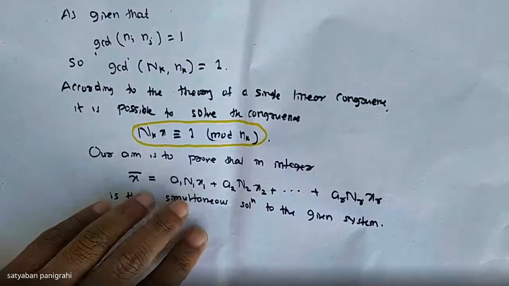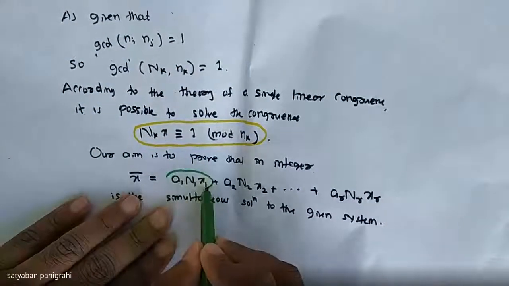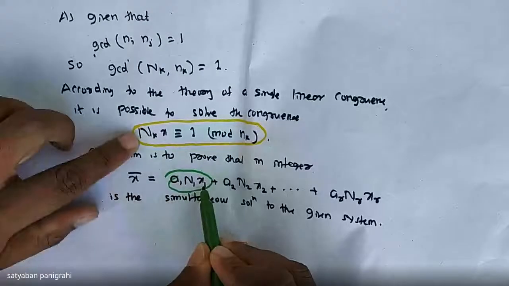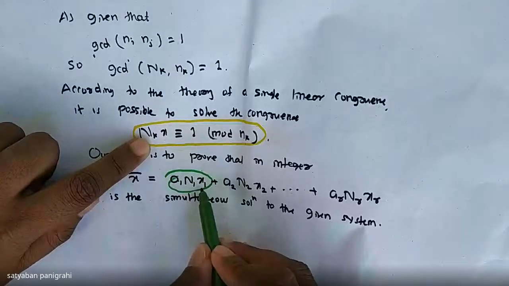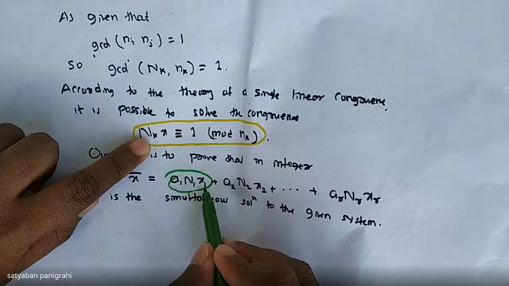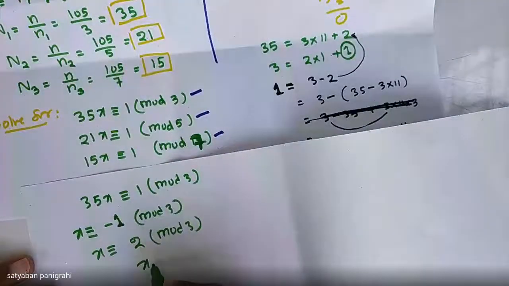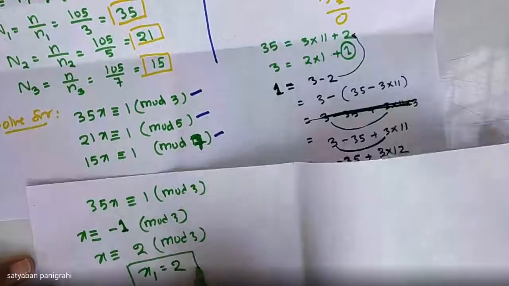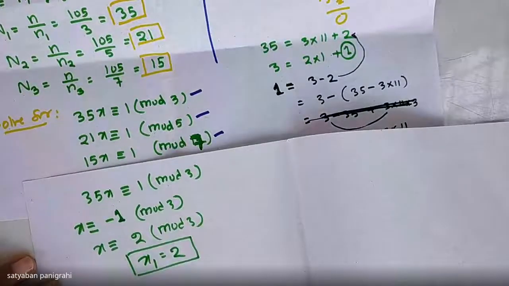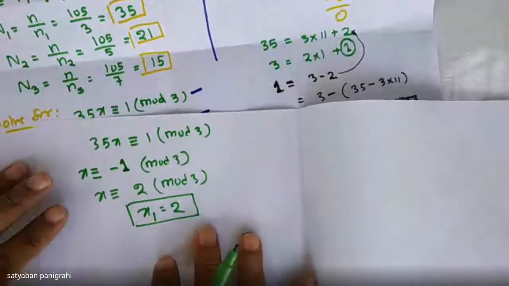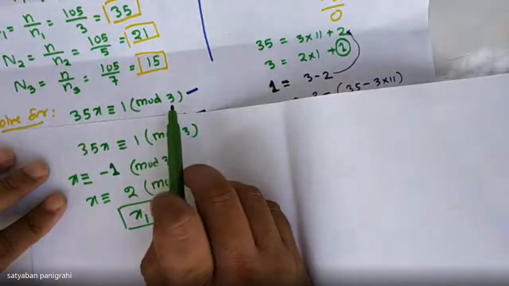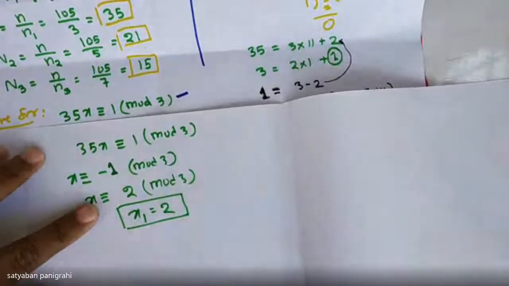We are saying x1 is our solution of the first equation nk x congruent to 1 mod nk. So here we have got the value of x1 equals 2. Clear to all? That means for the first equation 35x congruent to 1 mod 3, my solution is x1 as 2.